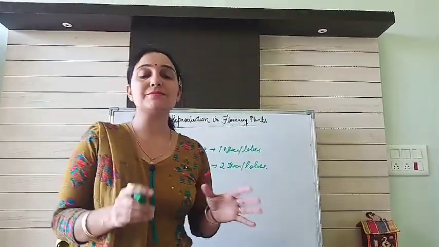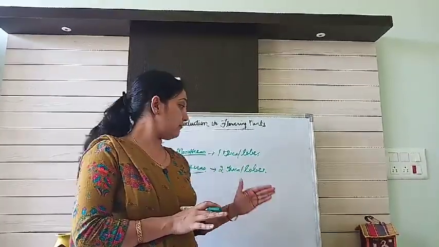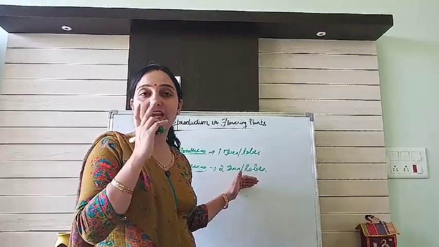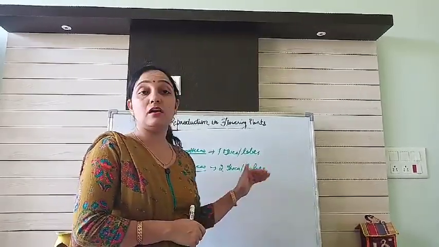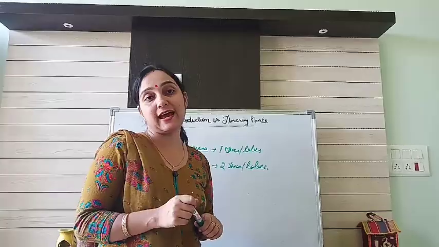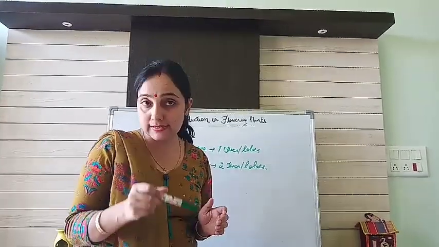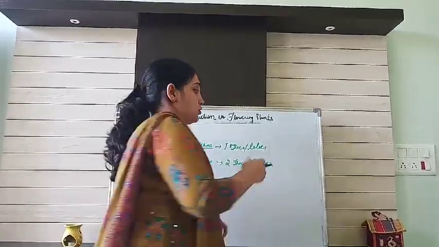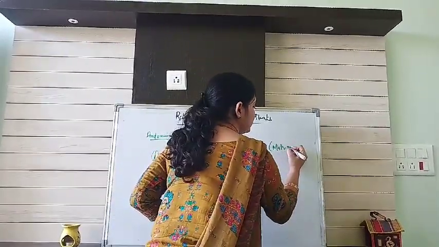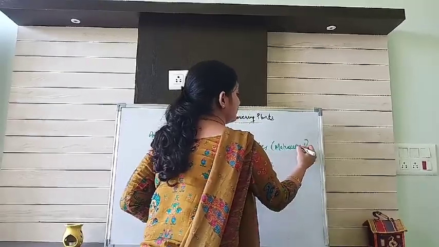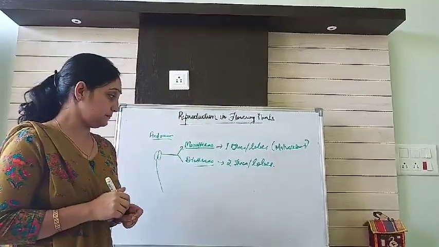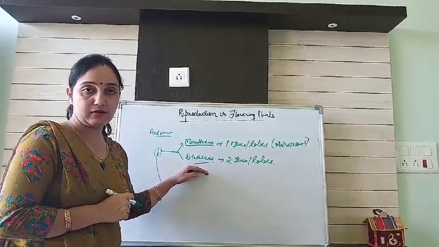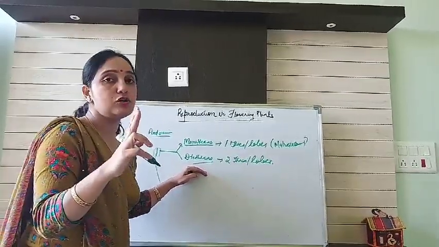Most angiosperms have this type of anther structure, dithecous, with two lobes. But some angiosperms in the family Malvaceae belong to the monothecous category. So, Malvaceae family. Next is dithecous. We will focus on this, in which the anther has two lobes.